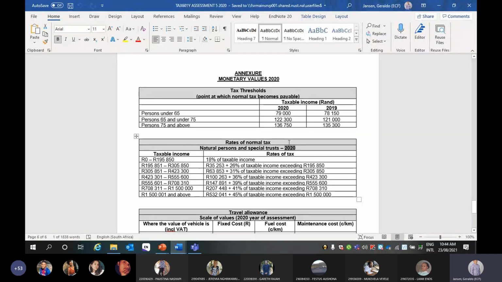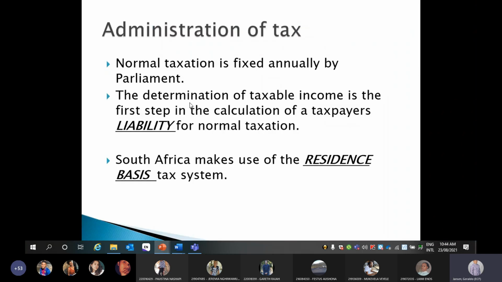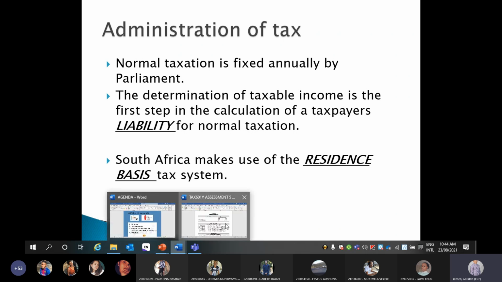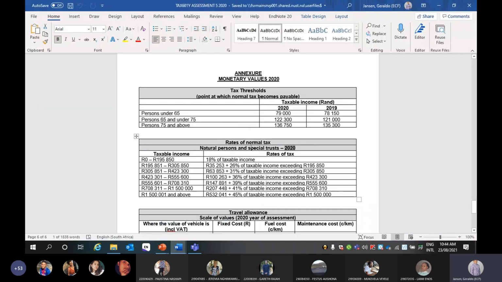I'm giving you this table in a test or in an exam if necessary, so please don't study this information. The reason is that this information changes almost every year. You will see today why it might change every year, so it doesn't make sense for you to study this information.